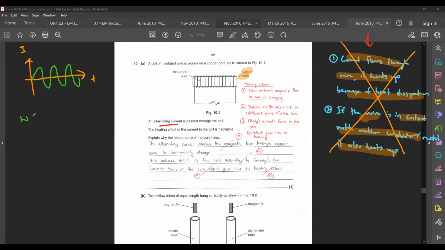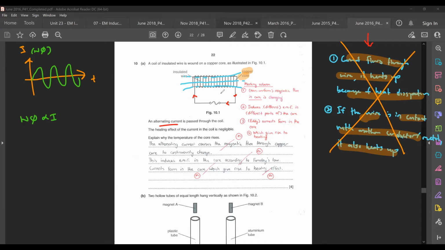And because flux linkage is proportional to current, a graph of flux linkage versus time will also look like that same shape there. Okay, so right now, I know that when current flows through my wire, it's going to produce a magnetic field, which in turn produces a flux linkage.